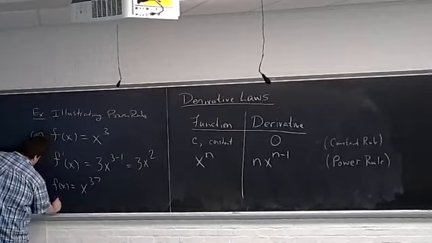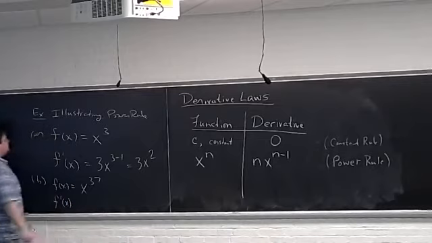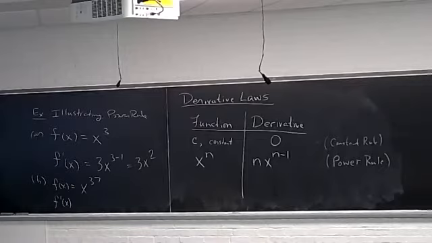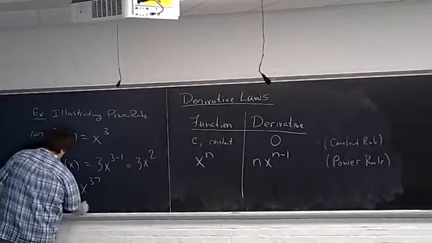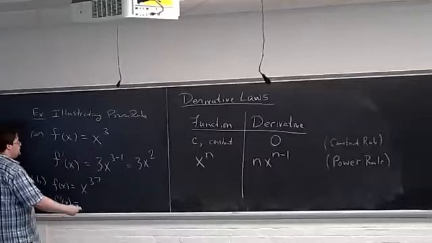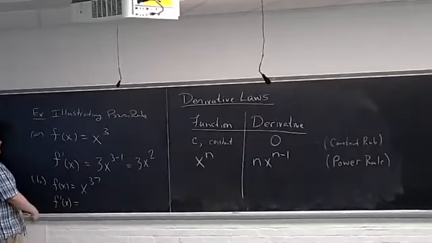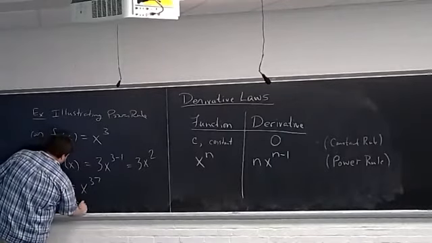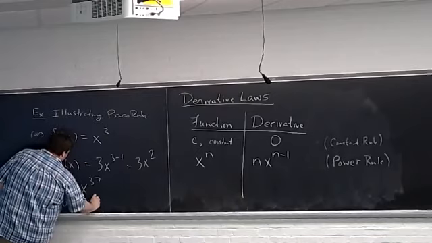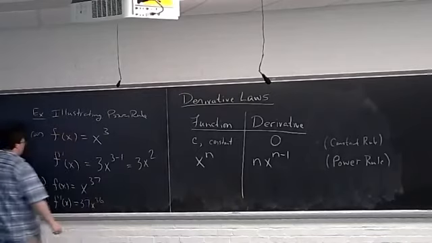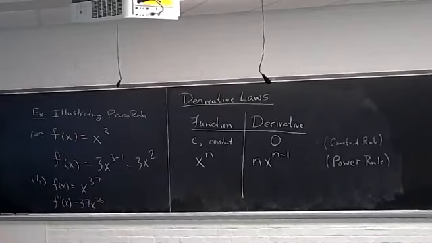Or if you're not told to use the definition, we can use the power rule. The derivative is nx to the n minus 1. Here, n equals 37. So 37x to the 37 minus 1, which is 36.